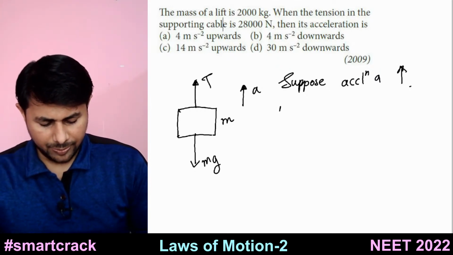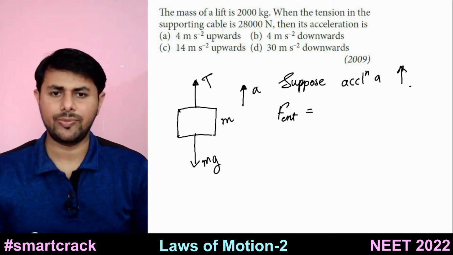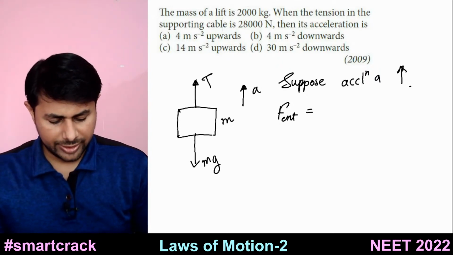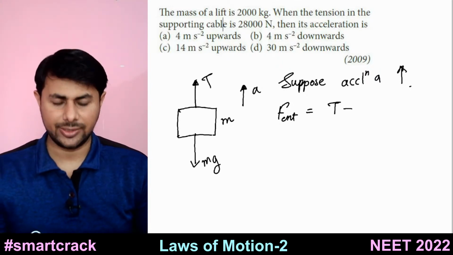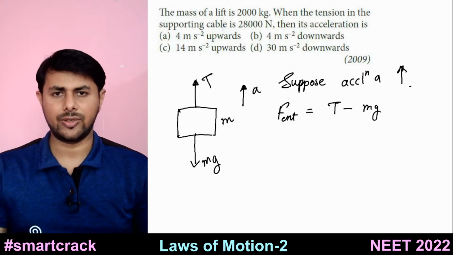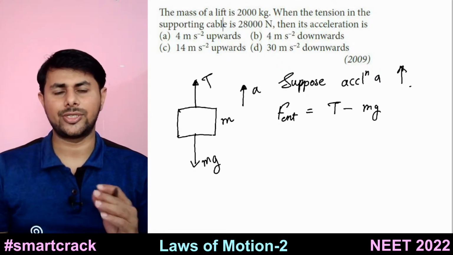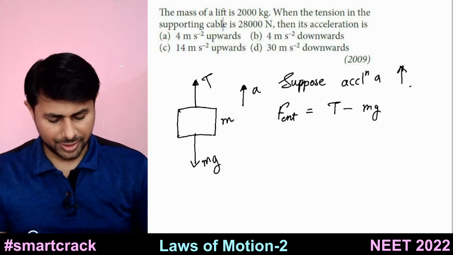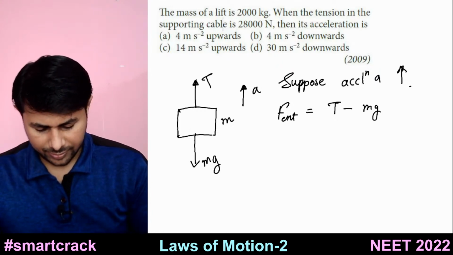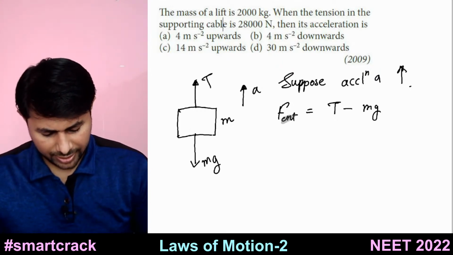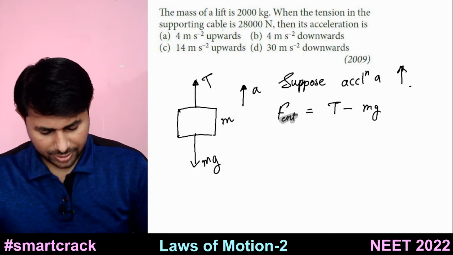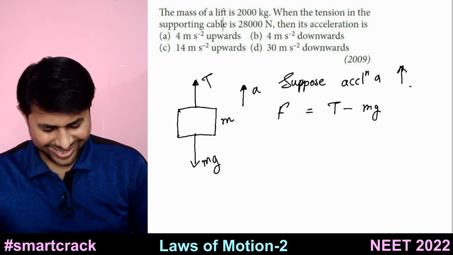Okay, so net force will be what? It will be in the upwards direction, which is equal to tension minus mg, because net force is upwards, so it should be upwards force minus downwards force. Oh, I wrote ENT here, ear, nose, throat.